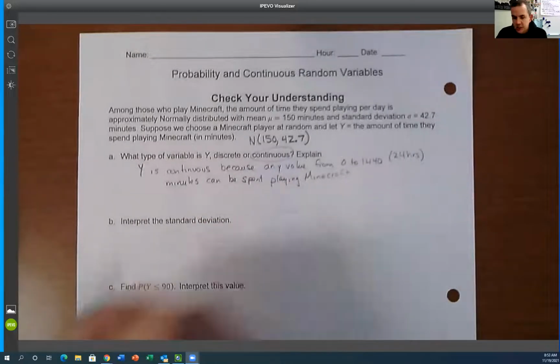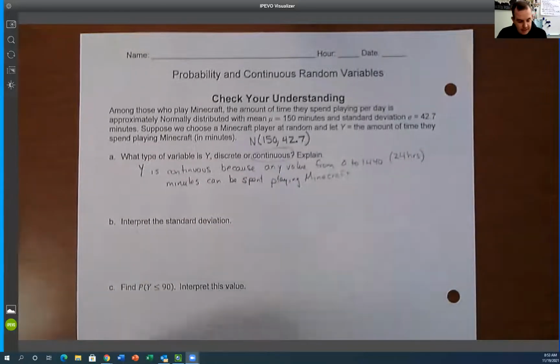Interpret the standard deviation, kind of like what I did for discrete. It's the same idea.